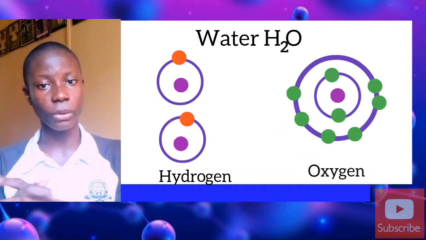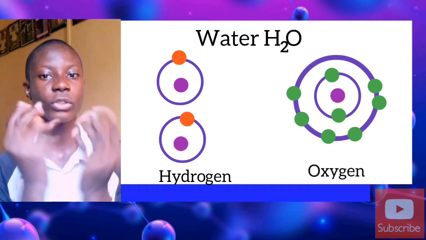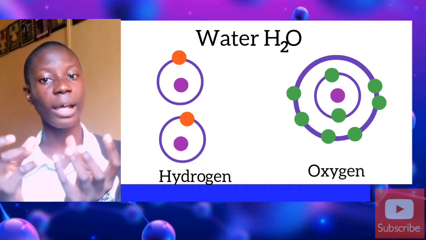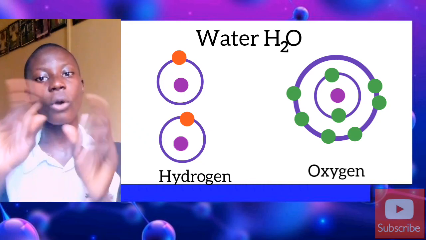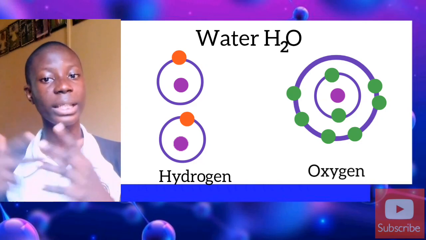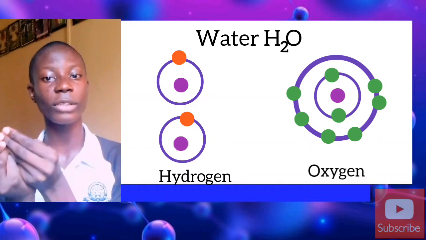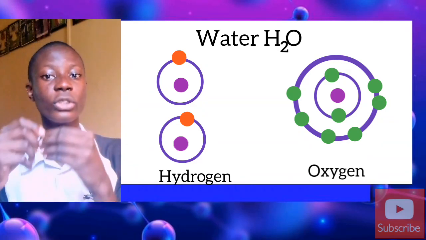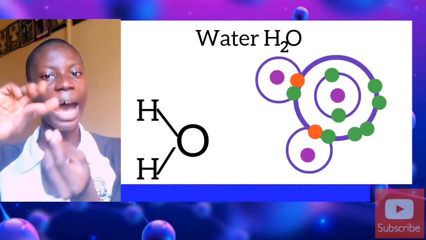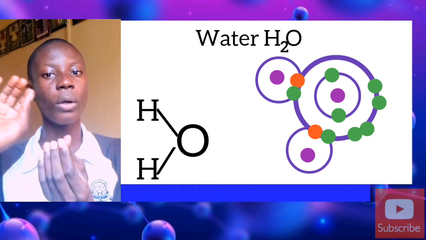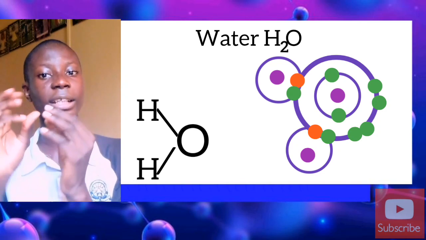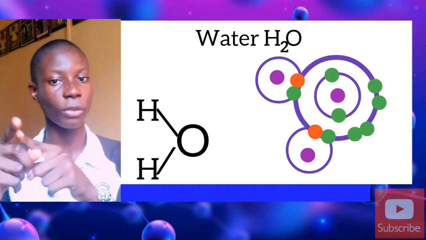In your water molecule, how do 2 atoms of hydrogen combine with 1 atom of oxygen to form a water molecule? You can see that oxygen needs just 2 to complete that stability, while each hydrogen atom needs 1 more electron. So they combine covalently. Hydrogen shares 1 electron with oxygen, and oxygen also shares 1 electron with that hydrogen atom.